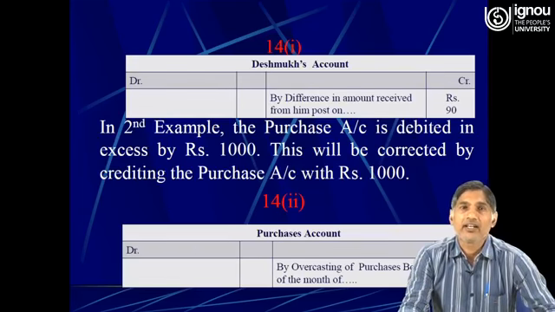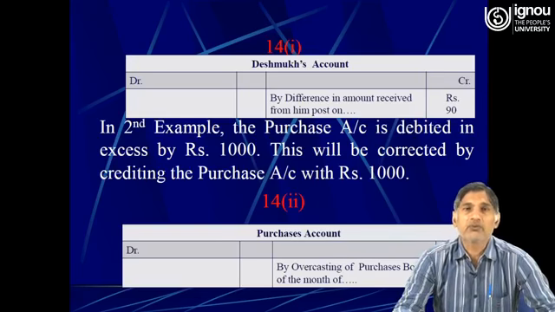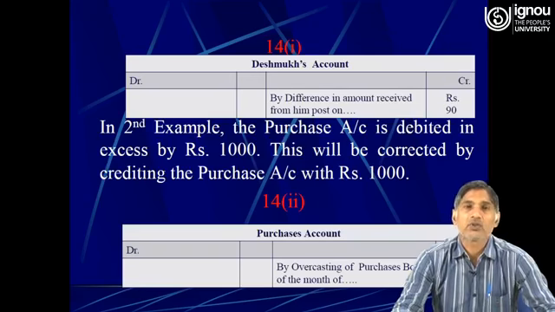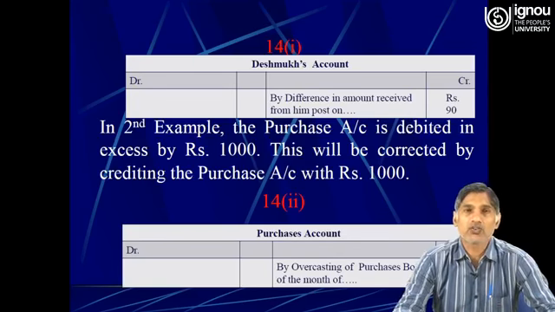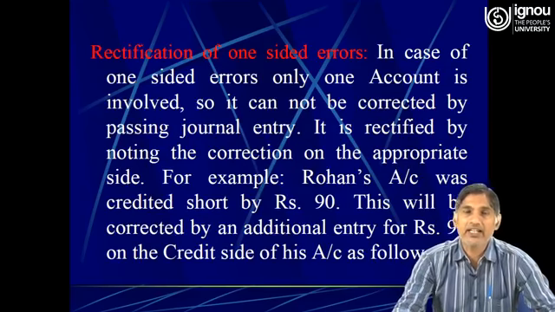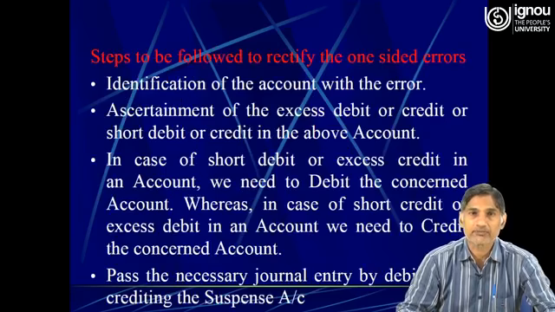Here we can see that it is Deshmukh account instead of Rohan account. So when Deshmukh account has been credited less by rupees 90, this sort of error will be corrected by making an additional entry for rupees 90 on the credit side of his account.